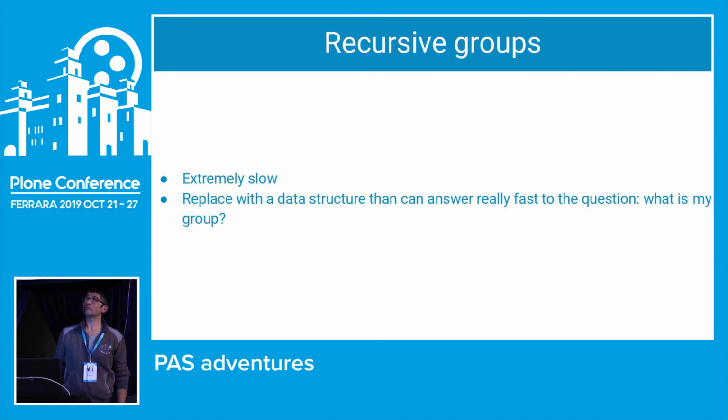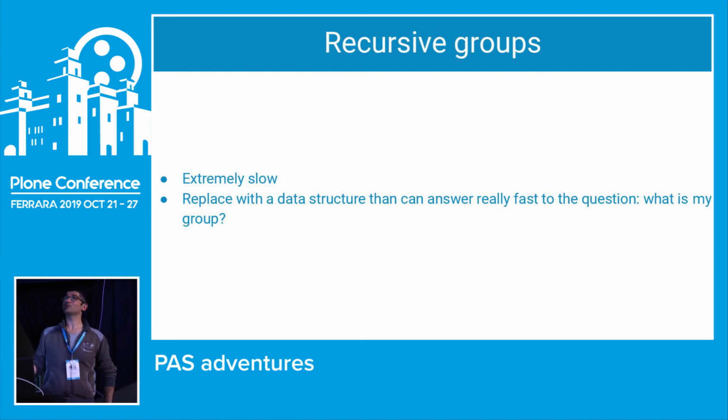Then there is another plugin, which is a group plugin in PAS, which is the recursive groups. And if you have recursive groups, things can be really, really tough, because you're depending on how your site is structured. Having the recursive groups can be really expensive, because you need to check for each one, again, of those 2,000 groups if they have parent groups.